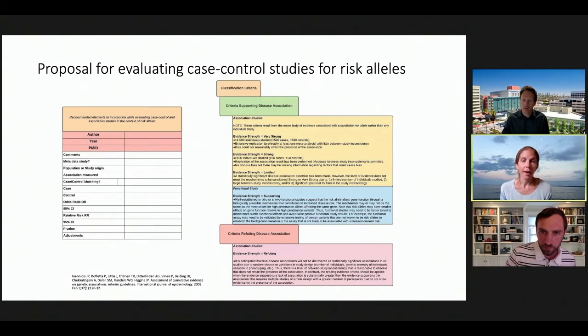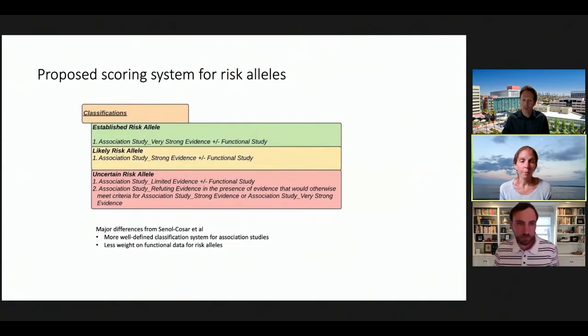This would be what we give everybody, and then you can go to the next slide. The proposed scoring system for the risk alleles, again, as Ryan and Matt had walked you through, the established risk allele, likely risk allele, and the uncertain risk allele, and what you would put together to come up with these calculations at the end.